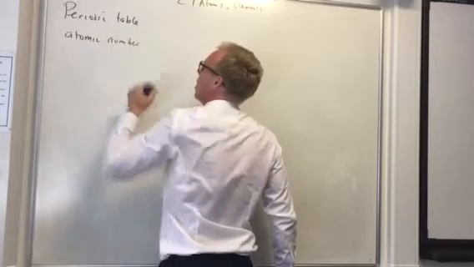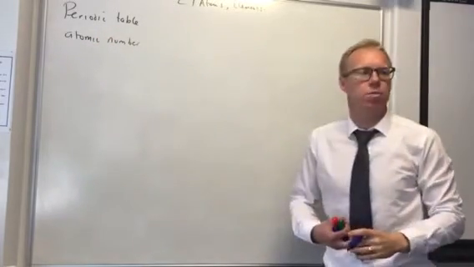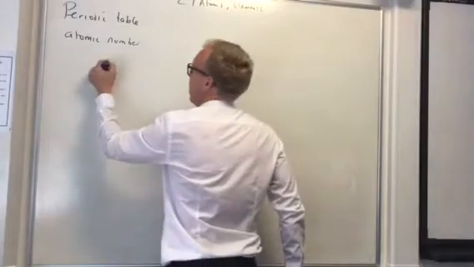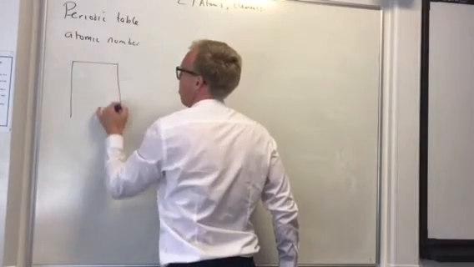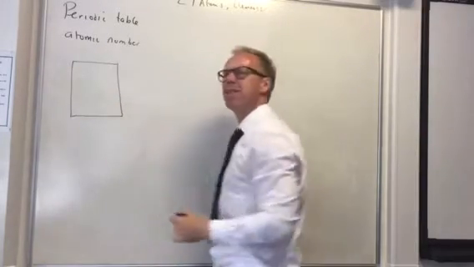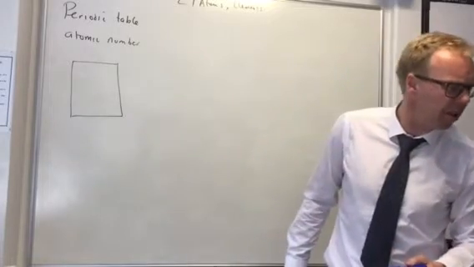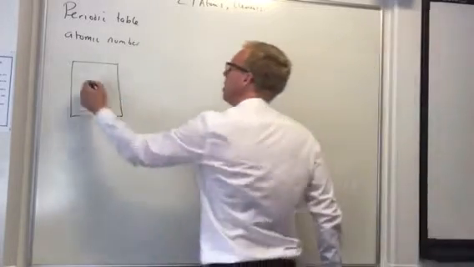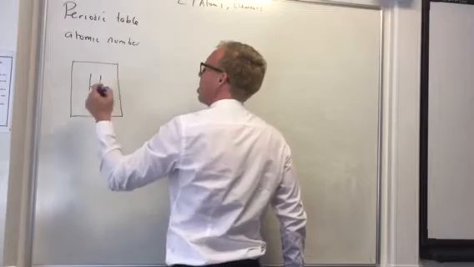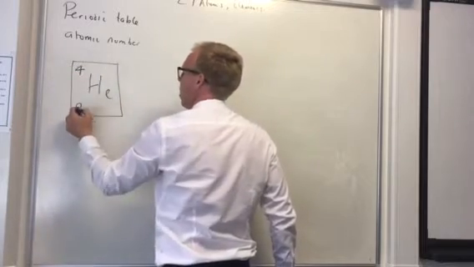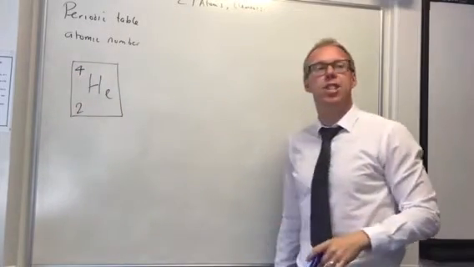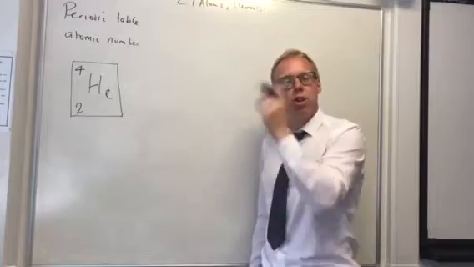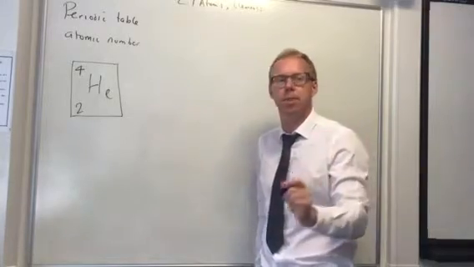Now, the atomic number, if I was to pick something, I'll just pick an element now. If I take this one here, this is a symbol. Now, a symbol is just used to represent an element.